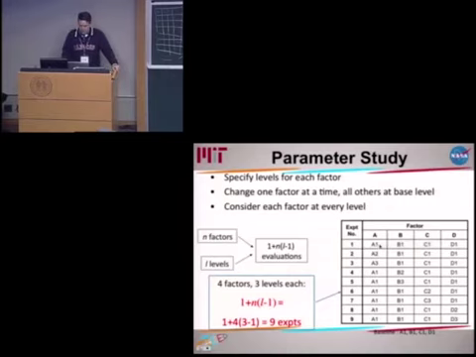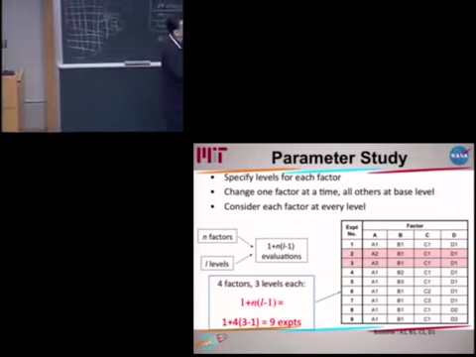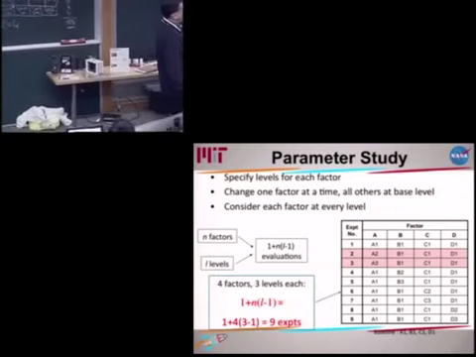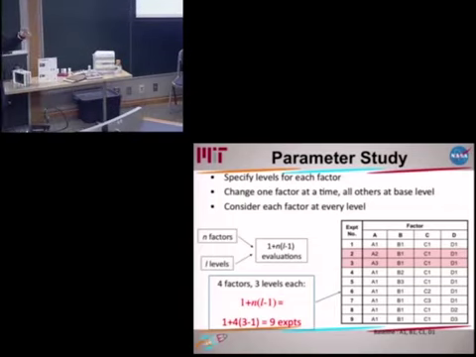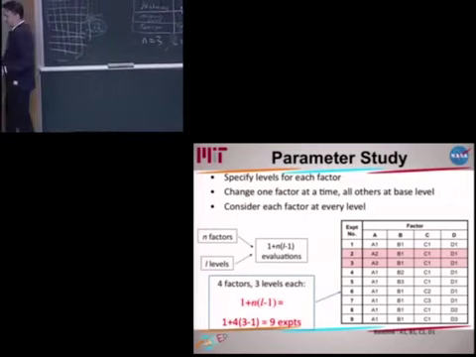That's our baseline. In experiments 2 and 3, we keep the factors B, C, and D at the settings of the baseline, and we're just looking at A, right? So now we're going to look at factor A at level 2, and at level 3, but we keep B, C, and D at the baseline.